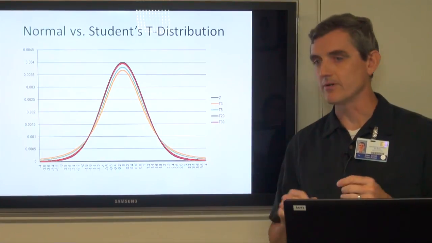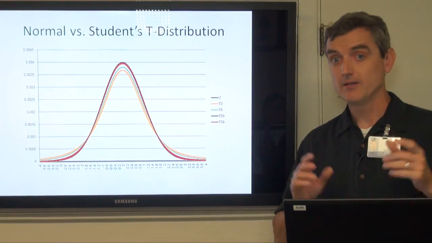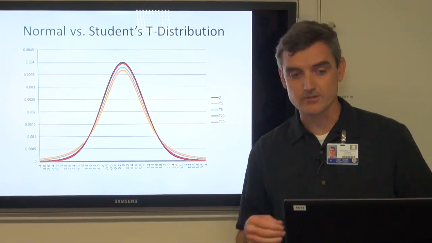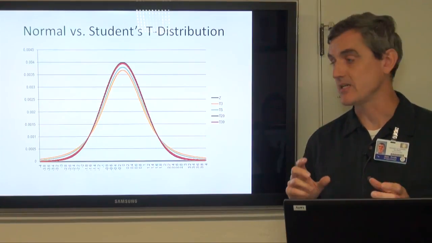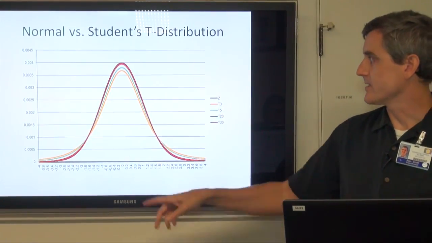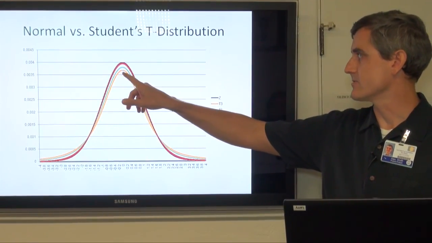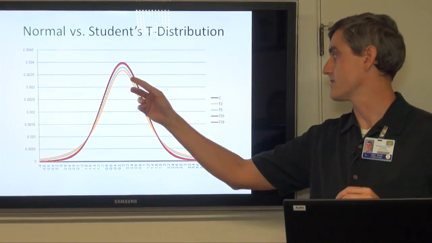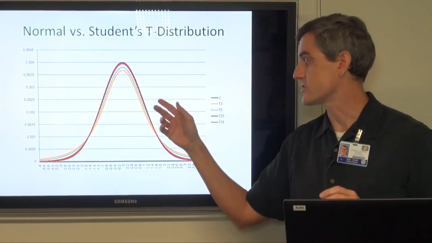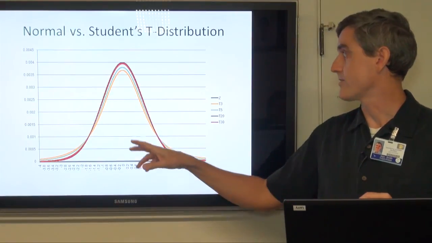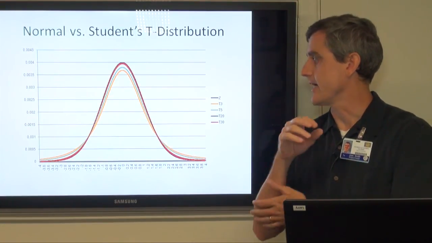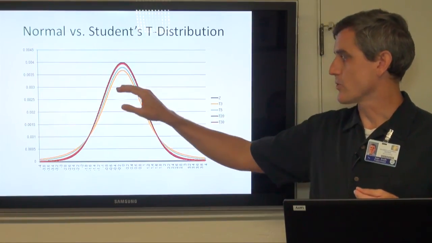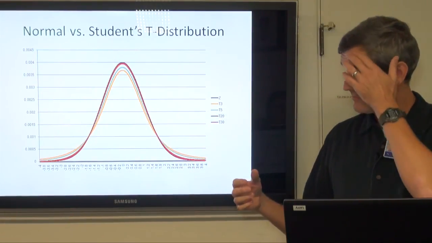This becomes important when we're calculating confidence intervals and hypothesis tests if we have especially small sample sizes. So we can see as the sample size goes down, this is what's called the student's t-distribution with 3 degrees of freedom. So there would be 4 observations on that. It gets shorter and wider.